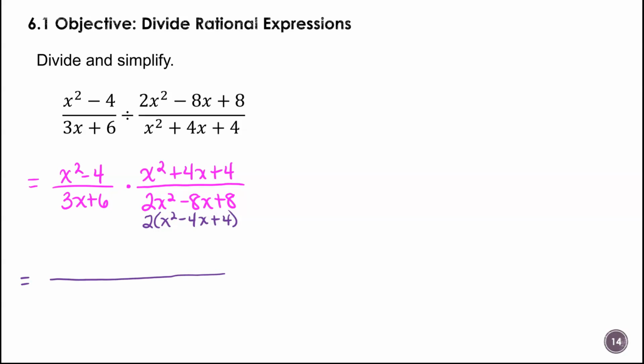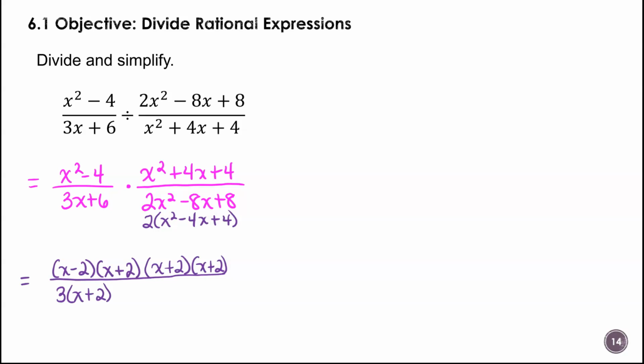Okay. So x squared minus 4, we just factored that on the previous question. So x minus 2 times x plus 2. And then x squared plus 4x plus 4 factors as x plus 2 times x plus 2, right? Factors of 4 that have a sum of 4 are both going to be positive 2. 3x minus 6 will be 3 times x plus 2.